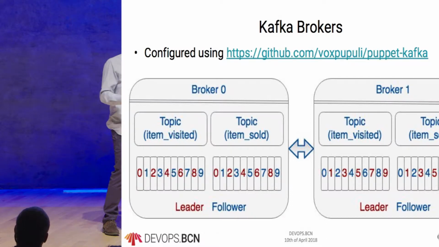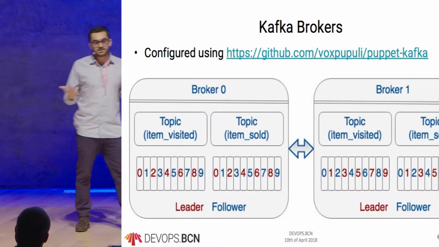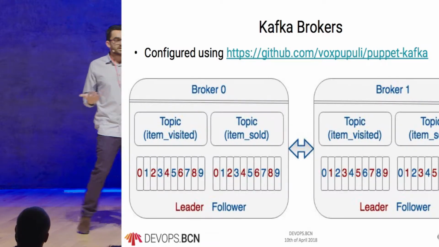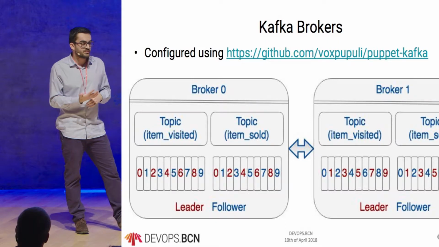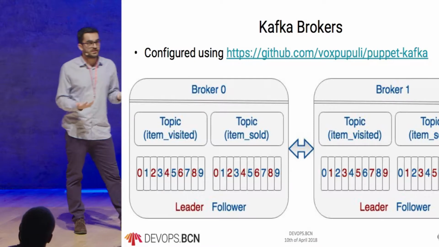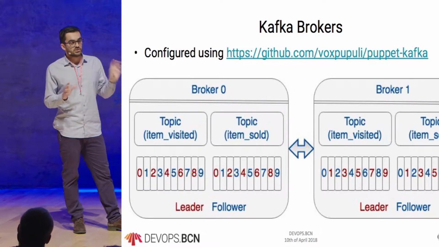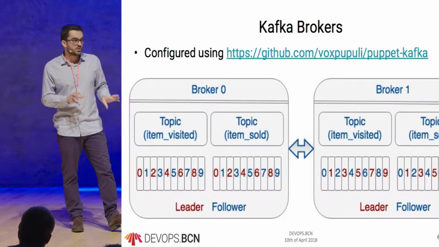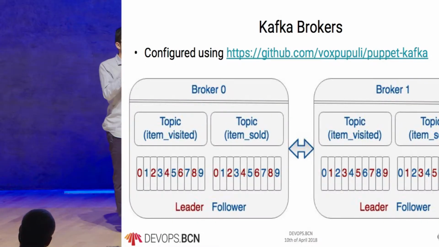For example, you are on an online web page, and you visit a product, which triggers a domain event, the item visited. And then if you purchase this product, it will trigger another domain event, the item sold.